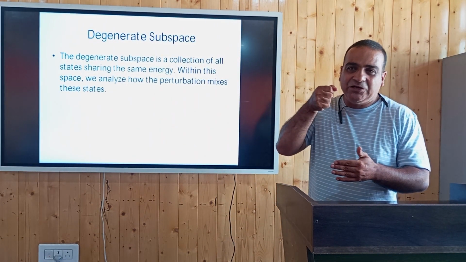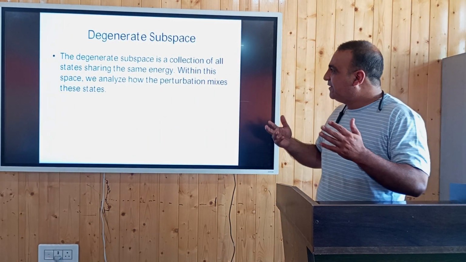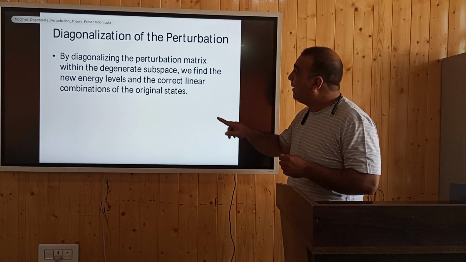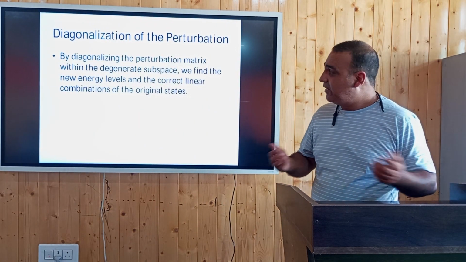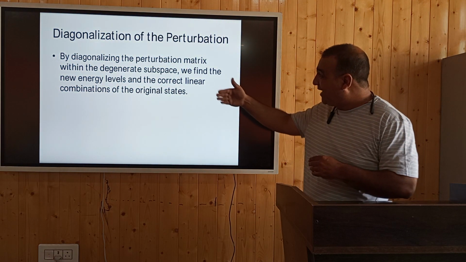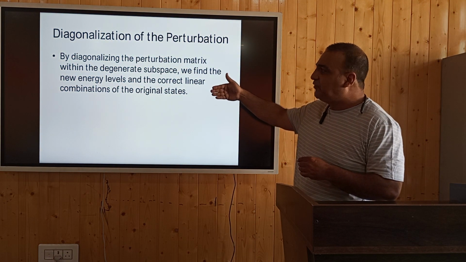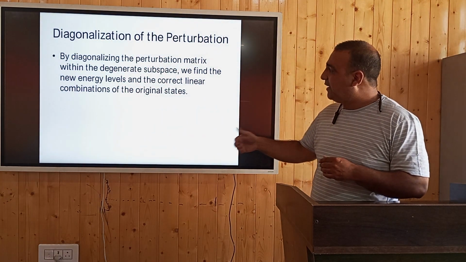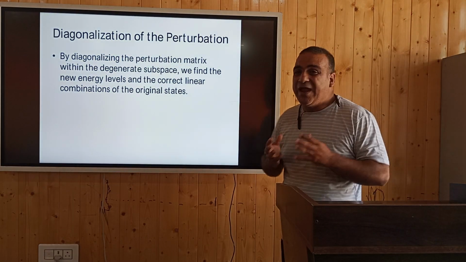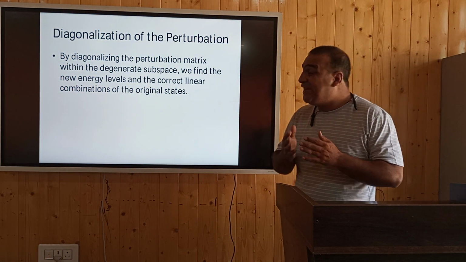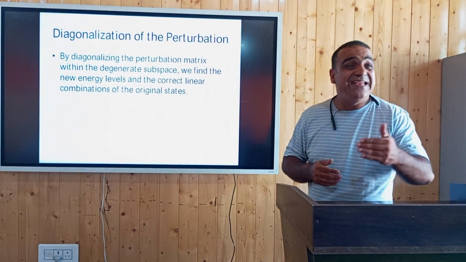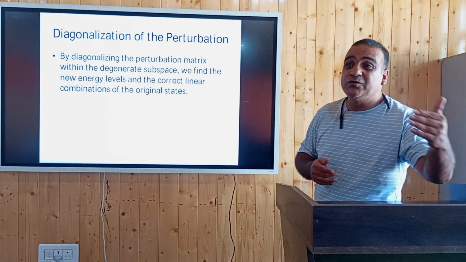Once I include the perturbation in my system, it certainly does what we expect from it. And we diagonalize it. To repeat, by diagonalizing the perturbation matrix within the degenerate subspace, we find the new energy levels and the correct linear combination of original states that exist in your system.